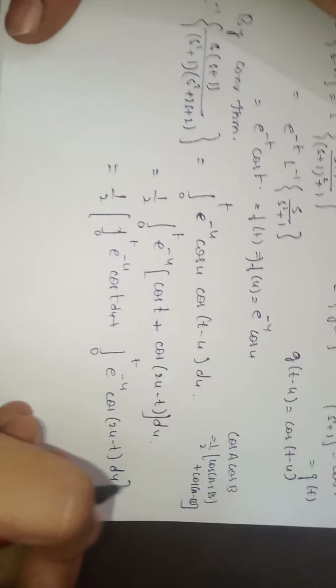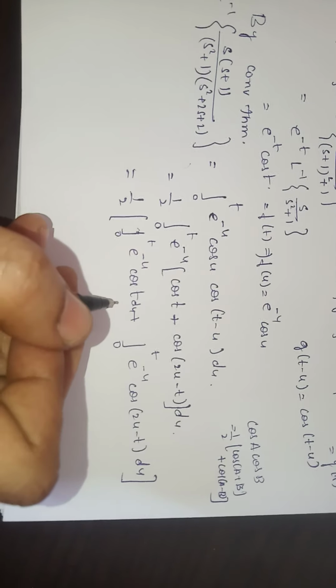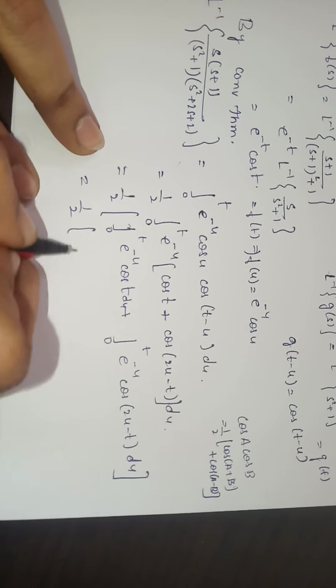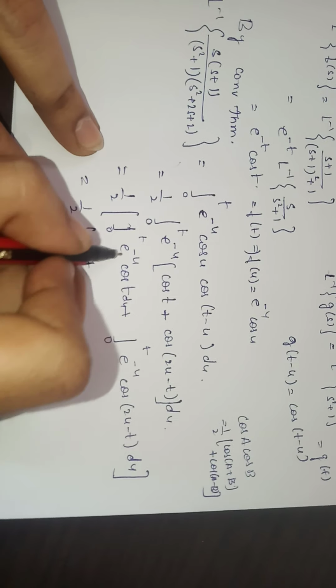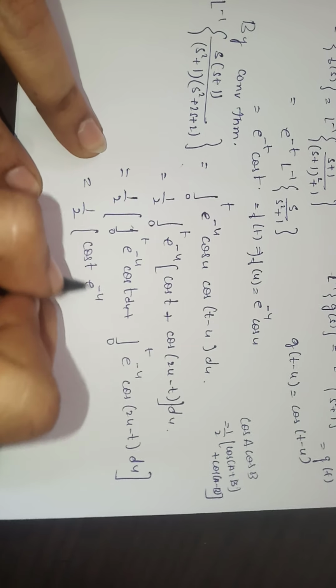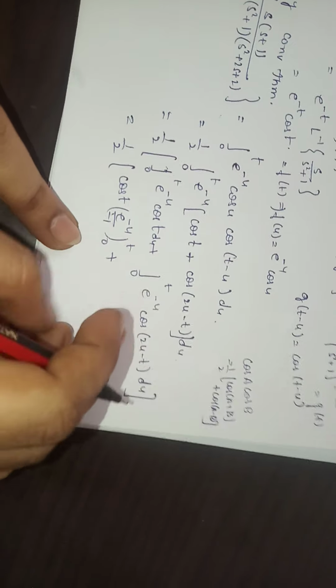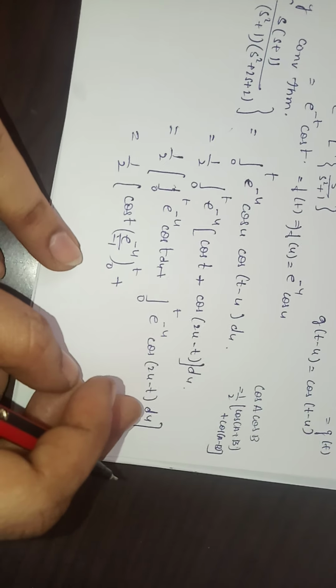Here you can see in the first integral that cos t is a constant. So this becomes 1 by 2 into cos t is a constant, and the integral of e to the power minus u is e to the power minus u by minus 1 from the limit 0 to t. And here you have to apply the result e to the power ax cos of bx plus c.